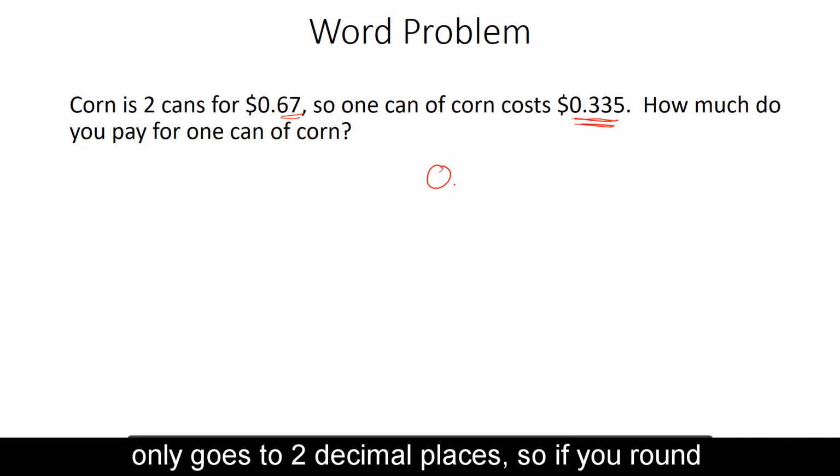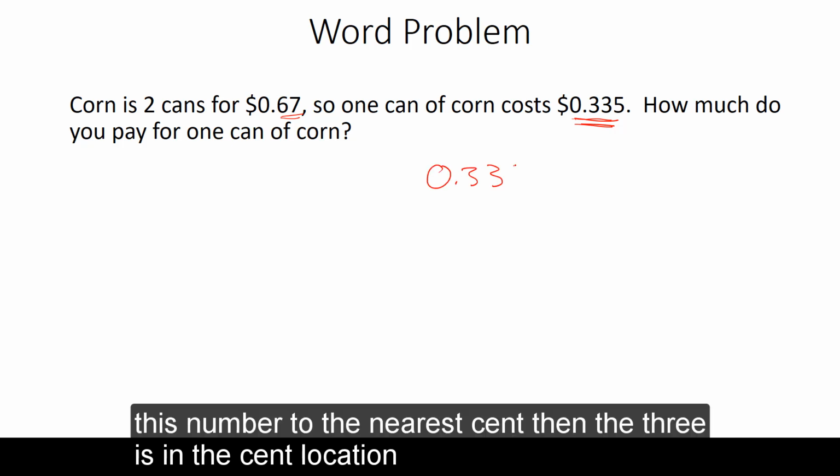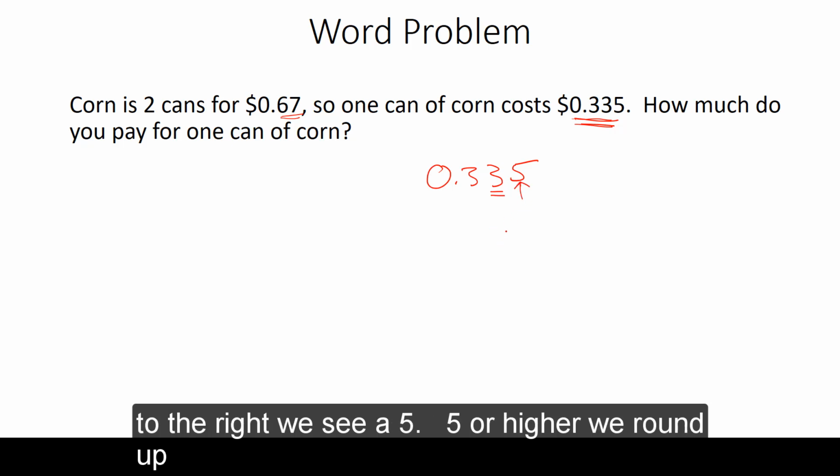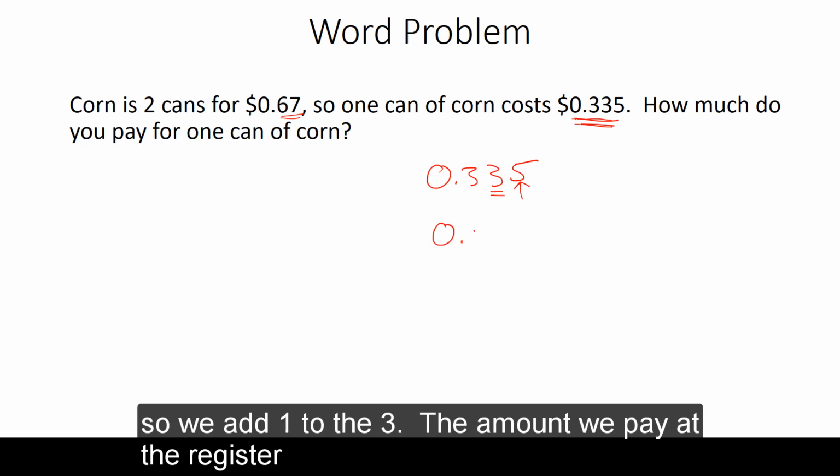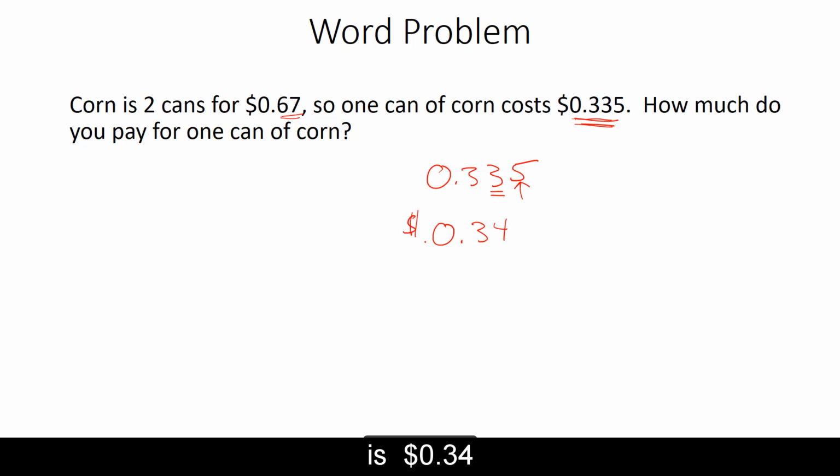So if we're going to round this number to the nearest cent, the 3 is in the cent location. We look to the right, see a 5, 5 or higher, we round up. So we add 1, so the amount that we would pay at the register would be 34 cents.